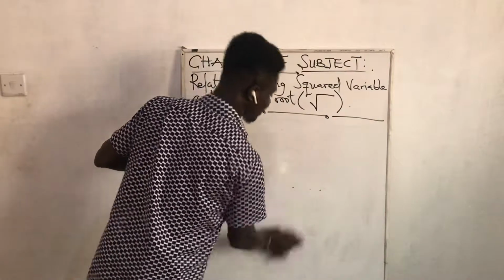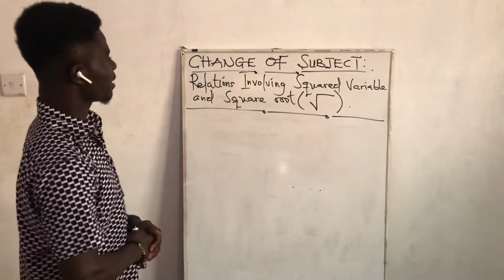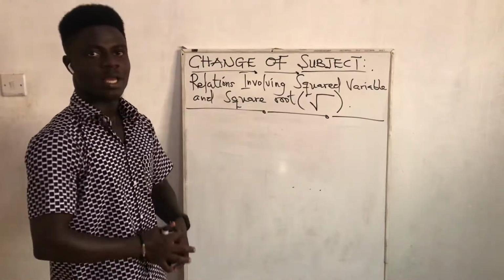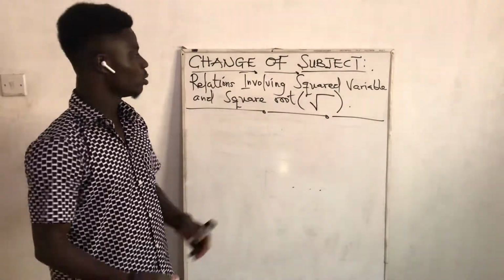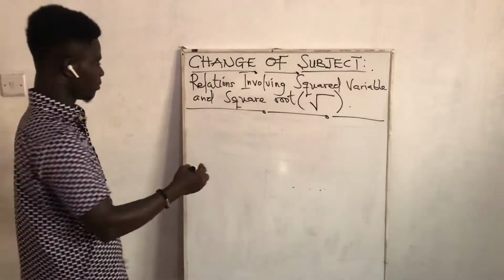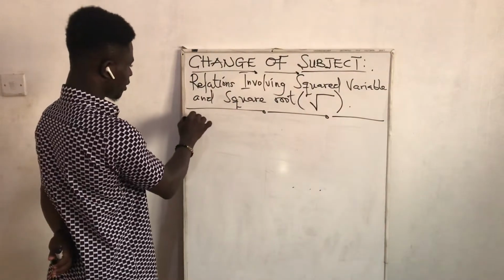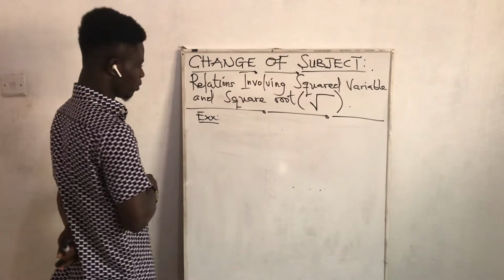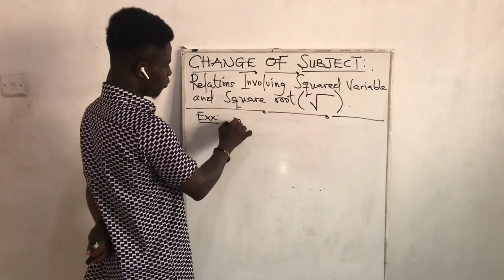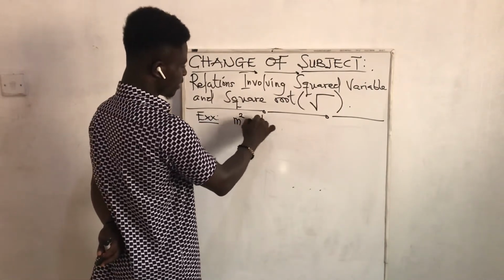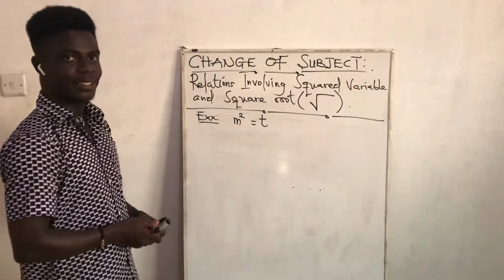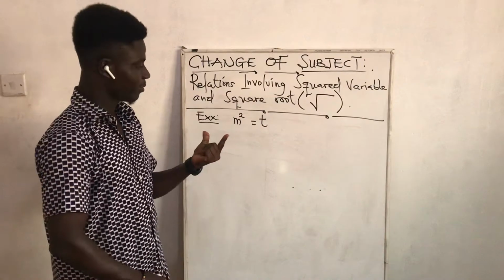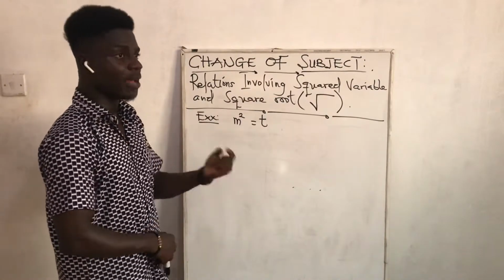So if you get a relation involving squared variable and square root, how will you answer that? Let's see an example here. If I have m squared equals t, this m is squared. That's the relation.